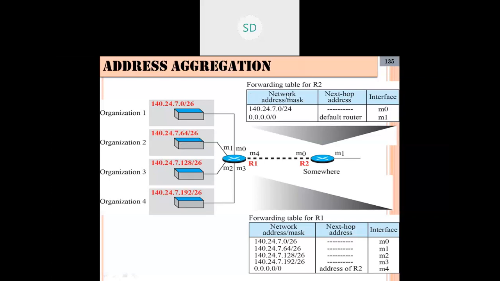Any message transferred to this particular address will be forwarded to the entire organization. So all the addresses will be forwarded, and this process is known as address aggregation. So R2 would have a longer forwarding table if each organization had addresses that could not be aggregated into one block. Okay.